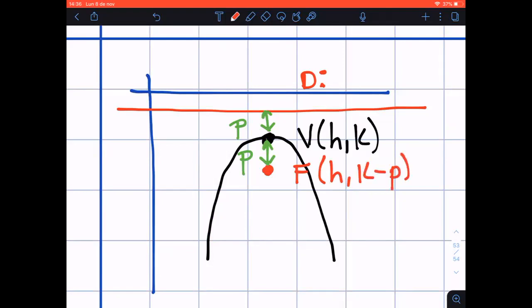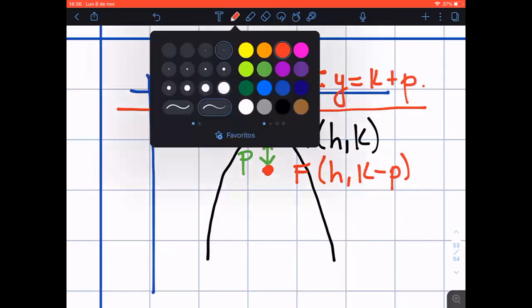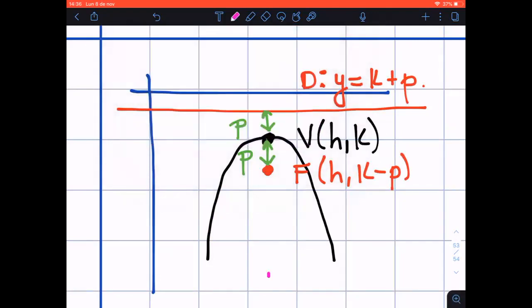If I move to the top from the vertex, then the equation of the directrix will be y equals k plus p. And if I want to know the equation of the axis of symmetry, the line crossing the vertex and the focus, well, the axis of symmetry will have the equation x equals h.